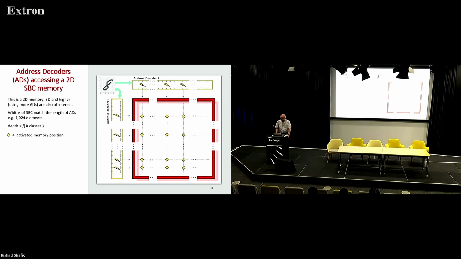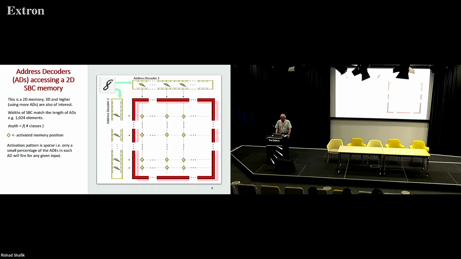So effectively, as I say, each ADE can be thought of as a feature detector, and the active memory elements correspond to feature coincidences between elements in each of the two address decoders. It's sparse. We typically operate in the region of 1% activity in each of the address decoders.